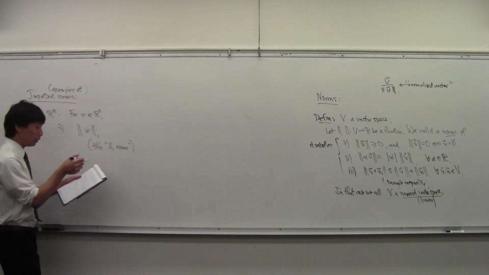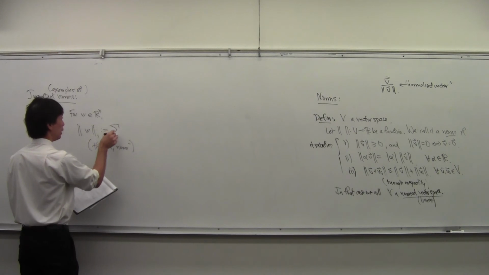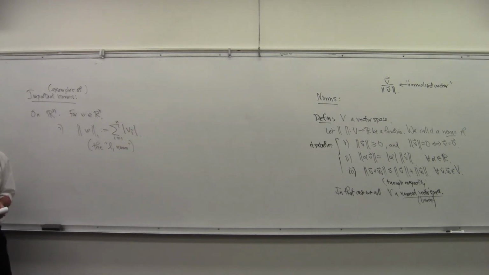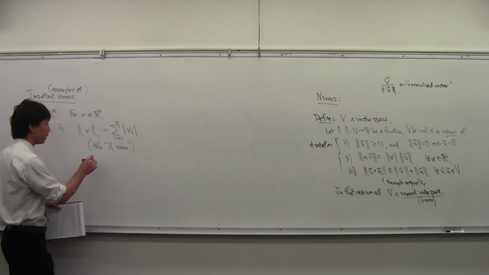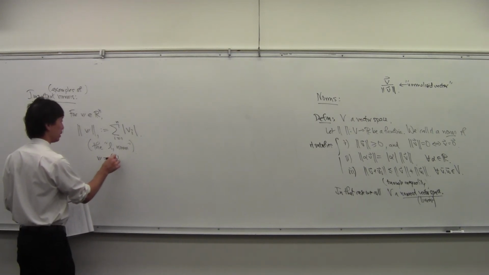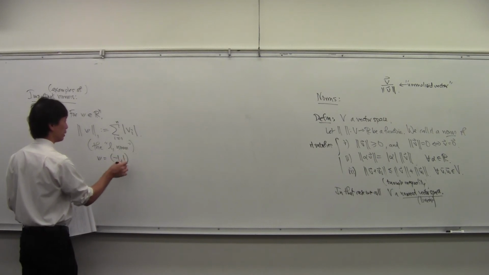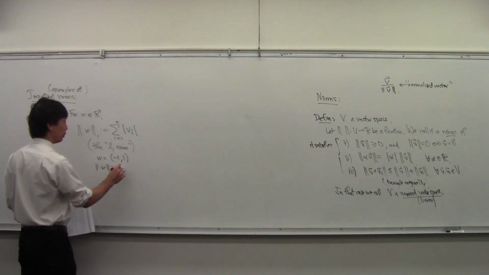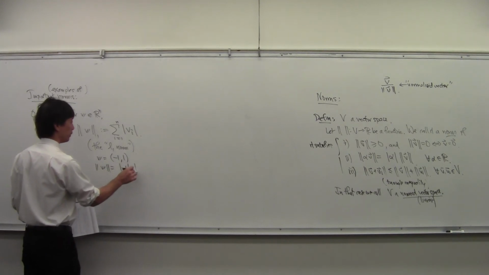We define the little L1 norm as the sum of the absolute values of the entries. So if I have some vector, v equals, say, (-1, 1), then its little L1 norm is just the sum of the absolute values of the entries.